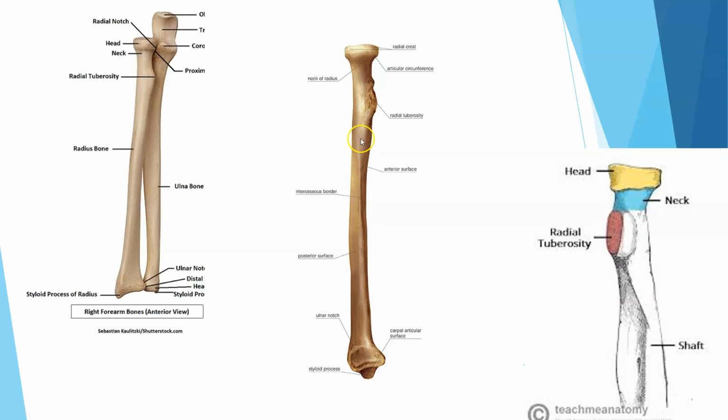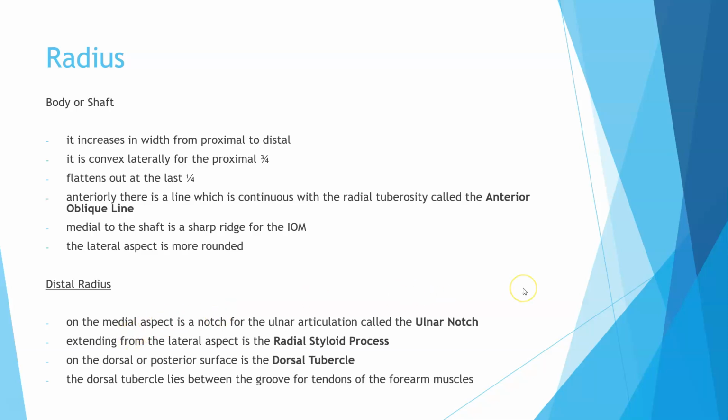Here's the oblique line, and then we have this sharp ridge, which is the attachment for the interosseous membrane. And again, on the medial aspect, we can see this fairly large notch, and this accepts the head or the distal part of the ulna. So we say on the medial aspect of the distal radius is the notch for the ulnar articulation called the ulnar notch.